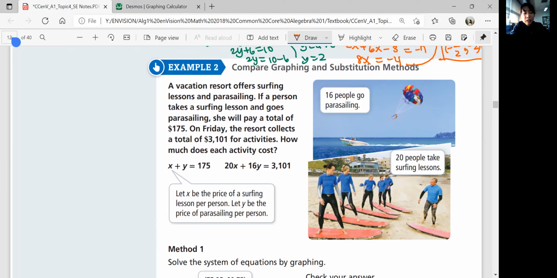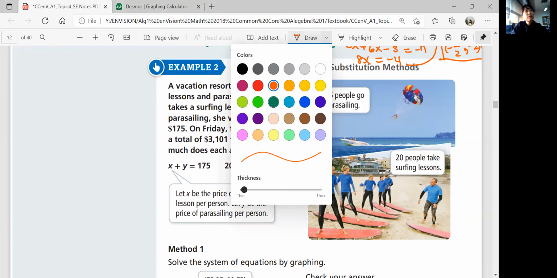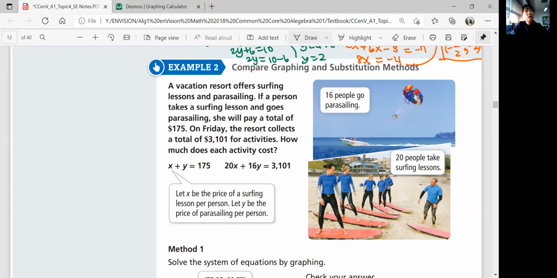How much does each activity cost is the problem. Okay, so we have these two equations. X plus y is equal to 175. And 20x plus 16y is equal to 3,101.